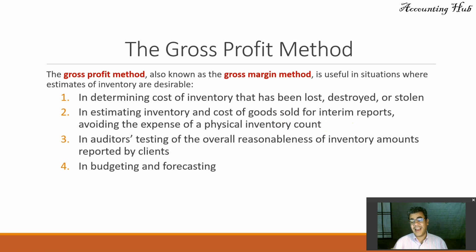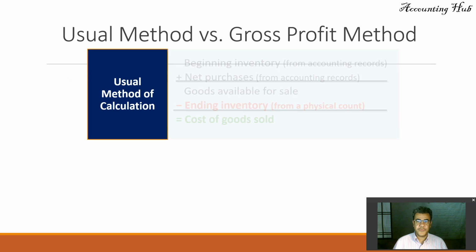It is allowed for quarterly reports, especially in the US. It also avoids the expense of a physical inventory count, helps auditors test the overall reasonableness of inventory amounts reported by clients, and is used in budgeting and forecasting. So it is not for year-based financial statements, but it is quite useful.